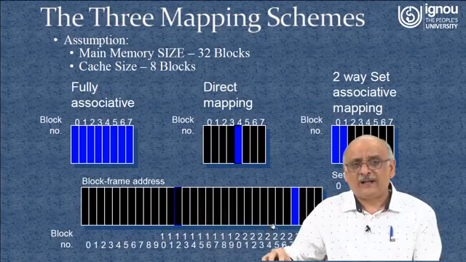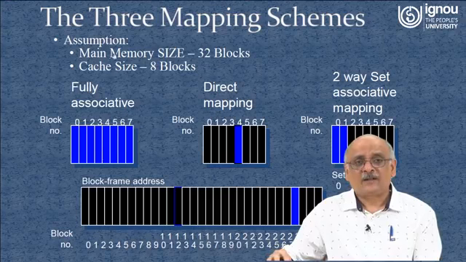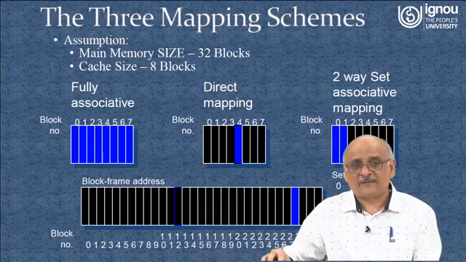We are just referring to blocks directly. So you refer to 0 to 31 here, because main memory size is 32 blocks, so we have block 0 up to the 31st block.